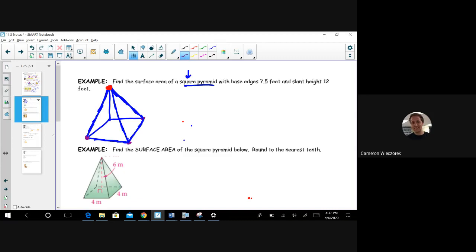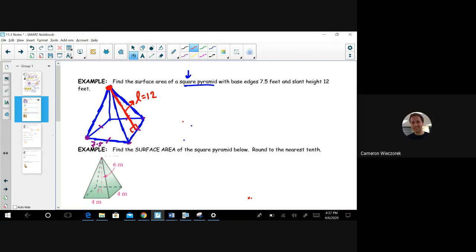They told us that it's a square base, and each base edge, so I'm going to tick mark these in purple, each of those is 7.5 feet long. And they told me the slant height, I'll do this in red, I'm going to choose to draw it on this right face. That's the height of one of the lateral faces, one of the triangles. So one of these slant heights is 12 feet long.